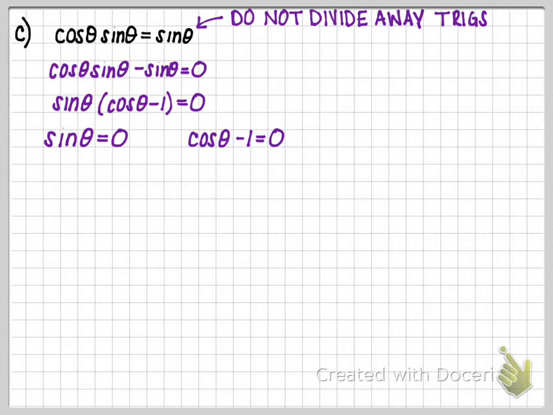Alright, so first thing. Right here, I am wondering, where is my sine equal to 0? So go ahead and look at your unit circle and figure out where your sine is going to be equal to 0.